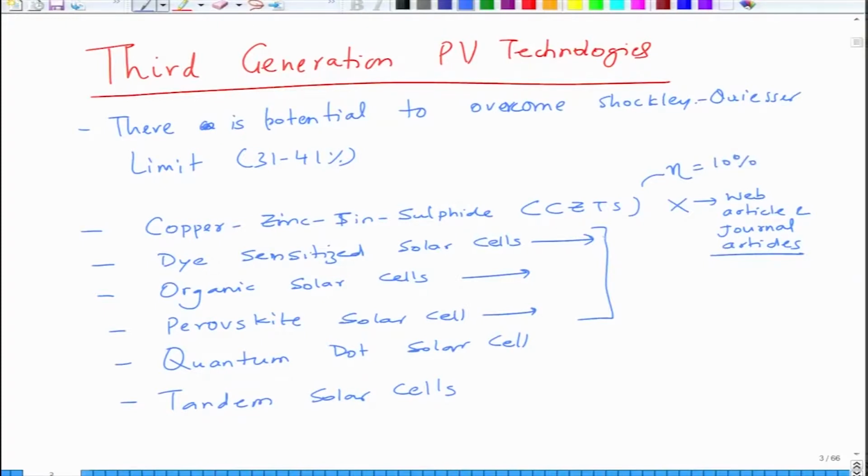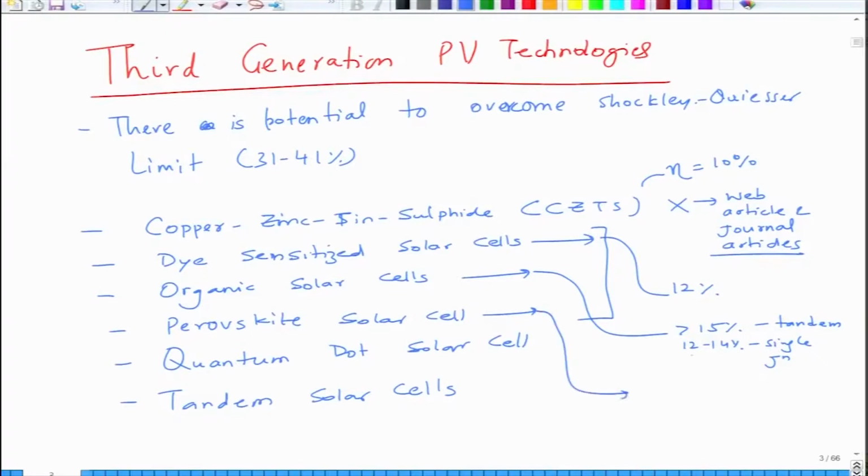Dye sensitized solar cells give you efficiencies of the order of about 12%. Organic solar cells, if you look at them in tandem form, give more than 15%, and single junction will give you about 12 to 14%.